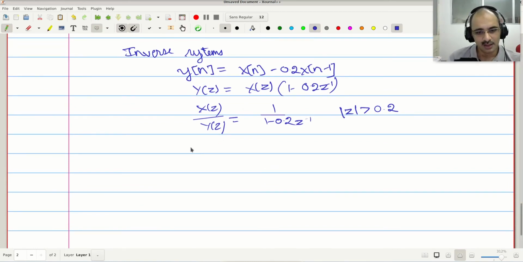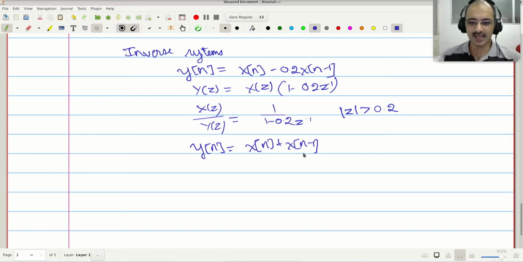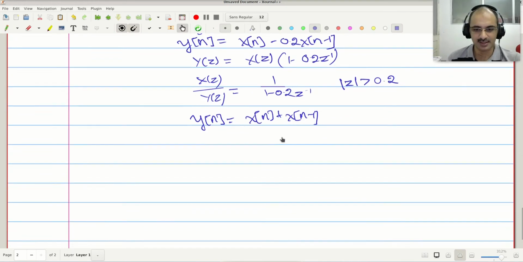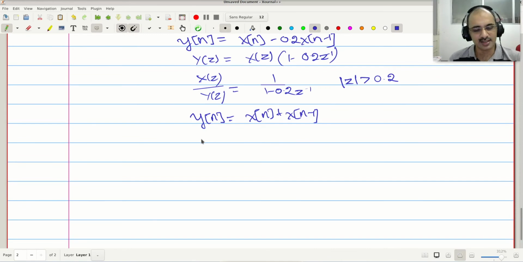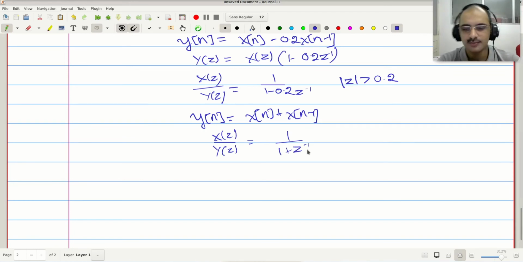Great. How about y[n] is equal to x[n] plus x[n minus 1]? Now in this case, something interesting happens. Let us say that I do the same thing and I find that X(z) upon Y(z) is equal to 1 by 1 plus z inverse.